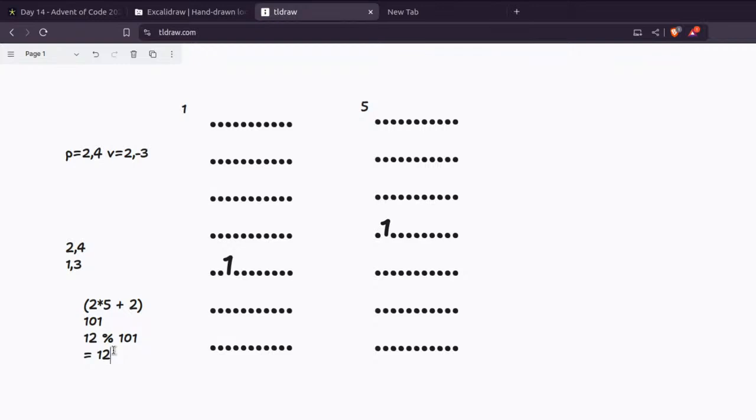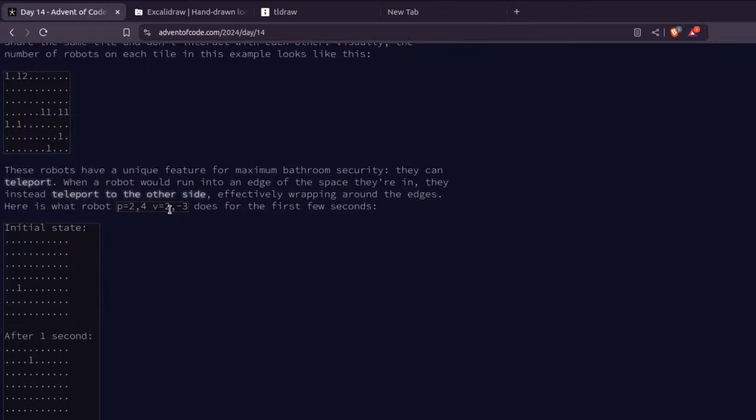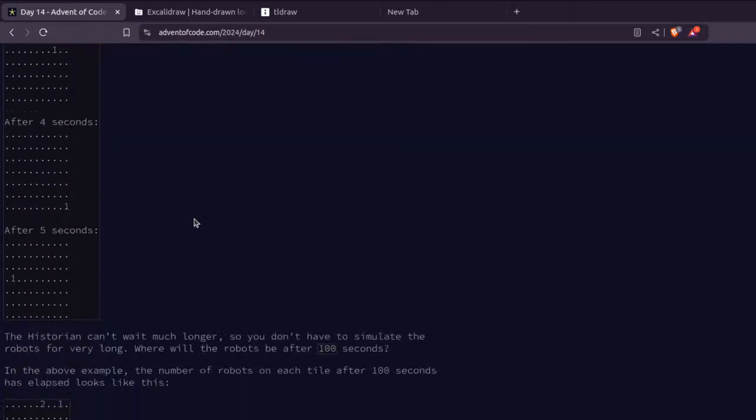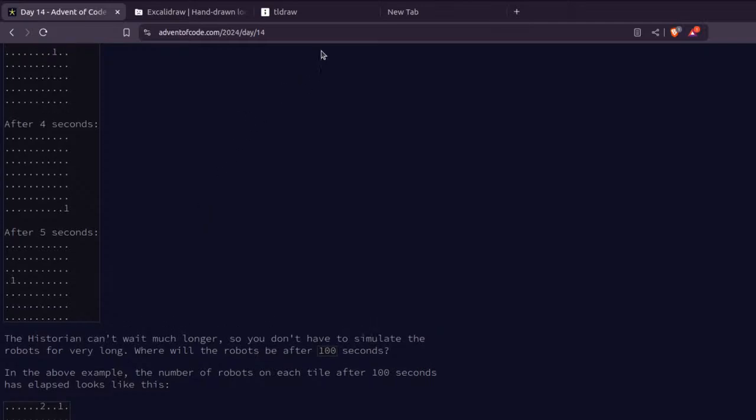Scaling position. What is the formula? I'm missing the formula now. So we just multiply the velocity, right? So velocity is 2 and 4. Hopefully I've copied it right. 2 minus 3, and after 5 seconds it is at that position.